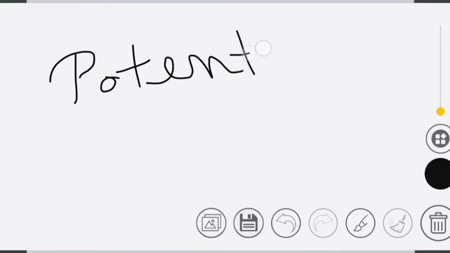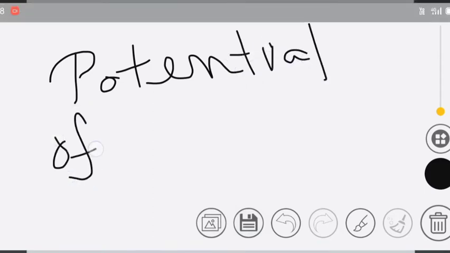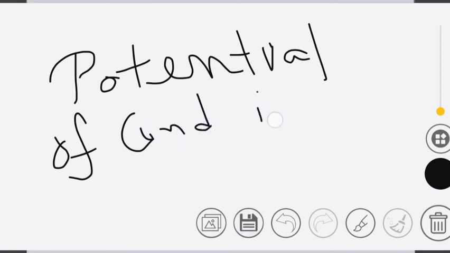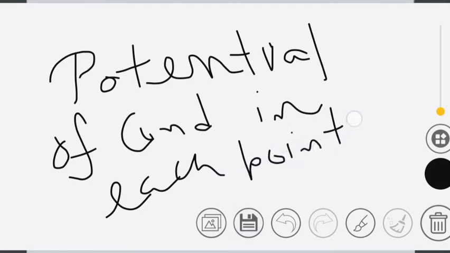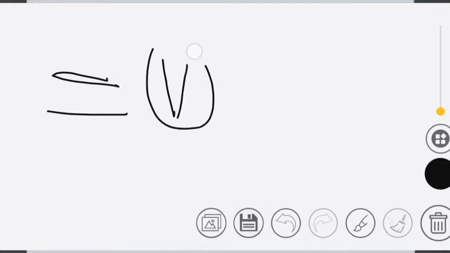Last property of the conductor is that the potential of a conductor at each point is the same. Means it flows with equal potential. I denote potential with V here. Clear? Up to here.